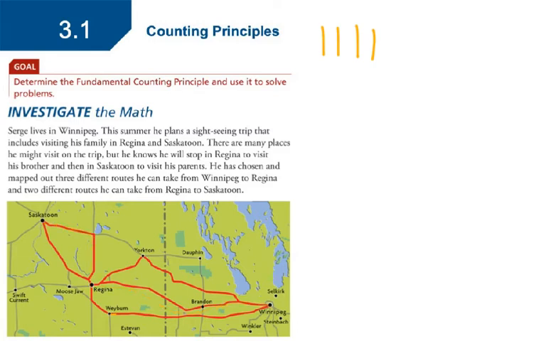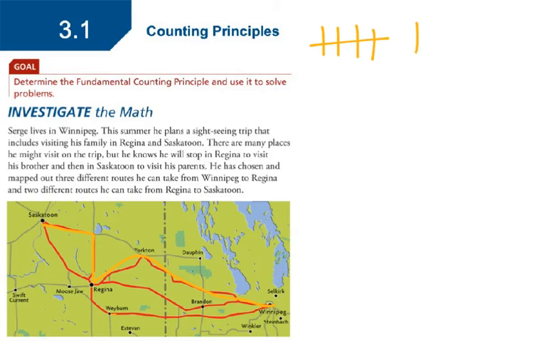And last, we can look at going from Winnipeg to Regina to the north through Yorkton, and then to Saskatoon this way. There's 5. And one more. Go from Winnipeg through Yorkton, and then to Saskatoon this way. That's 6.